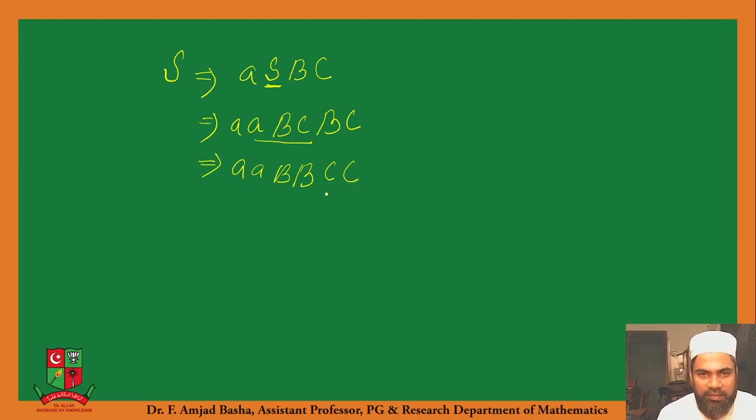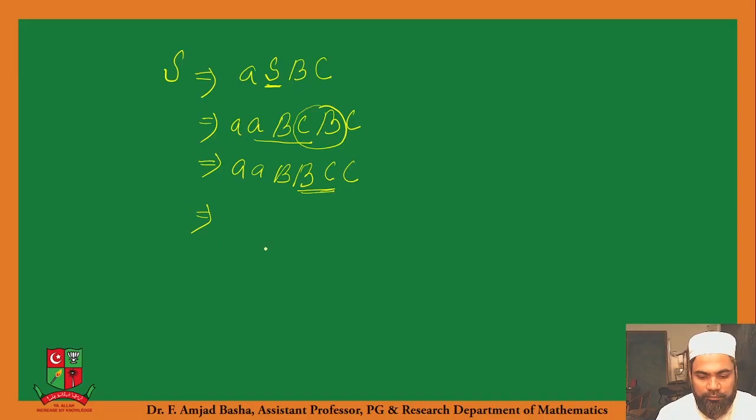So again AA B B C C. What we have done here is that CB is replaced by BC. This CB I have replaced by BC, then C remains the same.